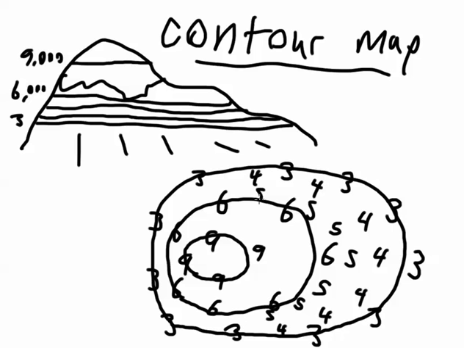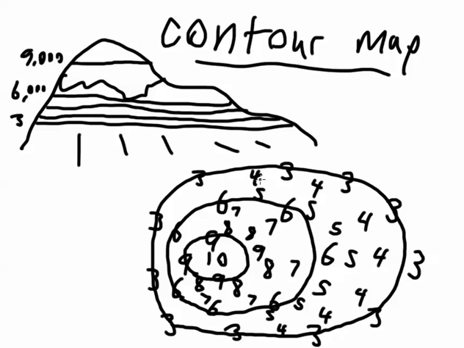And in between the 6 and the 9, there's a 7 and an 8,000 feet level. And then maybe at the very top of the mountain there's a 10,000 foot level. So maybe the top of the mountain is 10,000 feet above sea level.